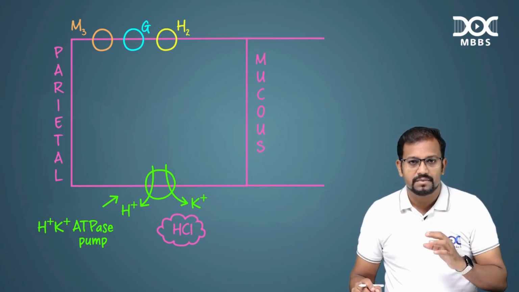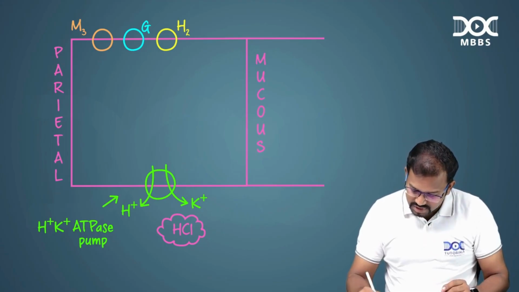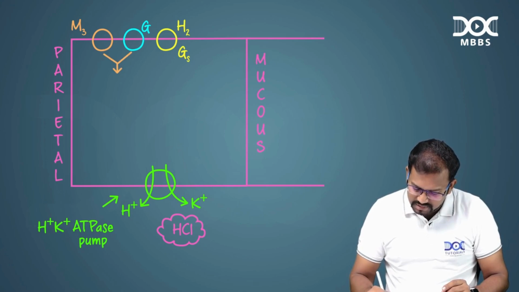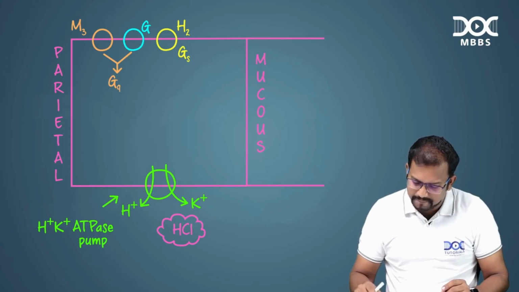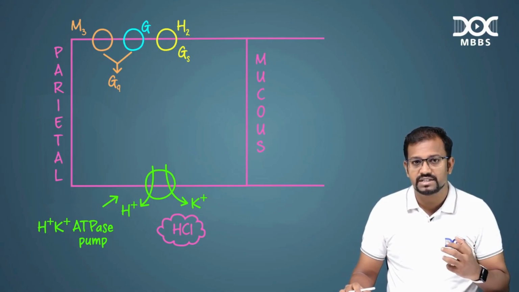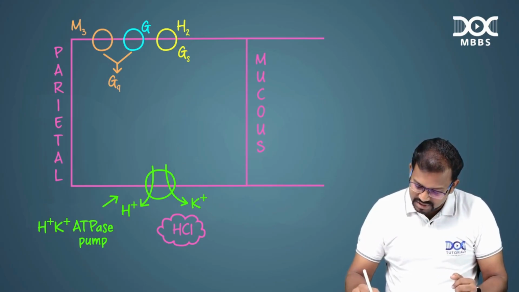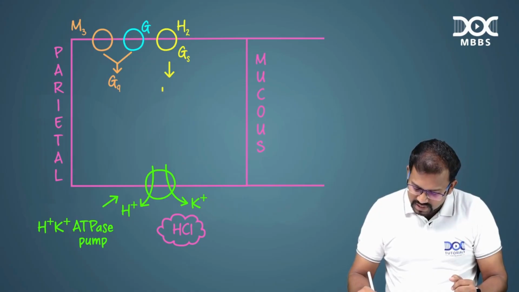Now, how does this receptor stimulation occur? The H2 receptor is a Gs coupled receptor, whereas both M3 and gastrin receptors are Gq coupled receptors. From general pharmacology, we know how a Gs coupled receptor produces its action, guys, by increasing the levels of cyclic AMP. This Gs receptor stimulates or increases the level of cyclic AMP.